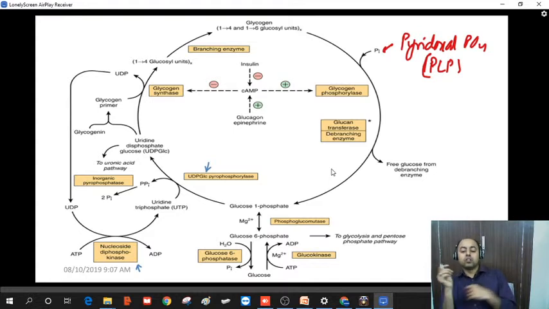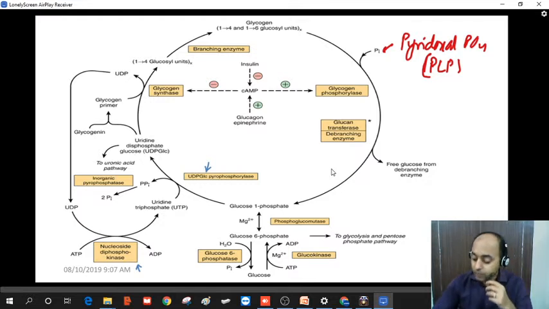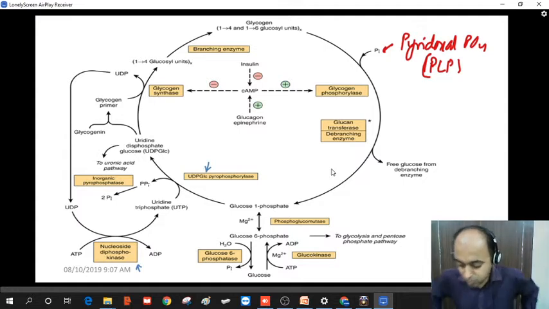Pyridoxal phosphate will donate the phosphate for the action of glycogen phosphorylase. ATP is not required here, and we get glucose 1 phosphate. If glucan transferase and the debranching enzyme come into play, I already said we get the free glucose, because here hydrolysis occurs, not phosphorolysis. The glucose 1 phosphate is converted to glucose 6 phosphate, and the glucose 6 phosphate to glucose by the action of glucose 6 phosphatase.